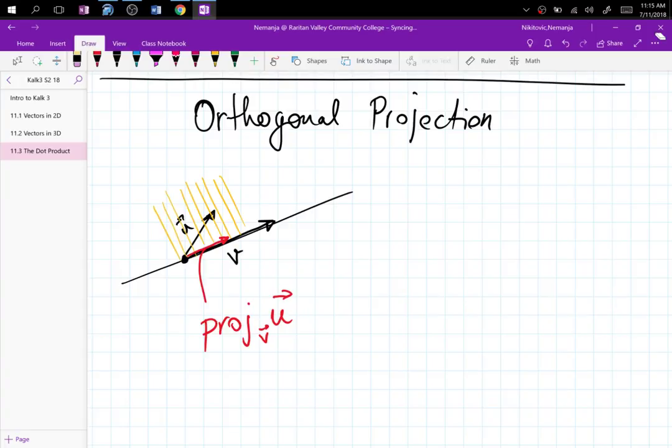So technically, this projection is a component of vector u. If this was on a flat surface, you can claim that that is the x component of the vector u.